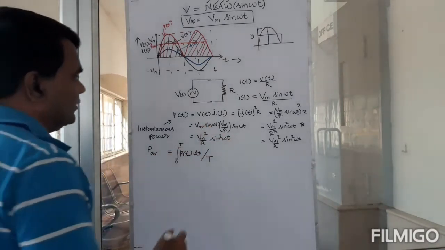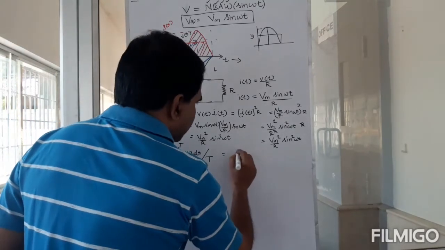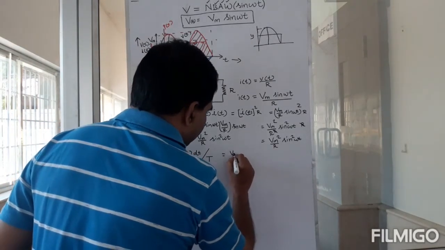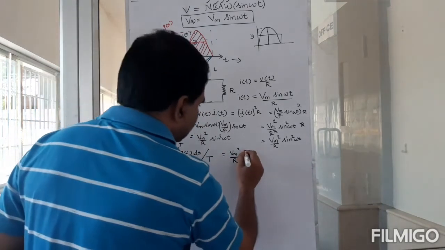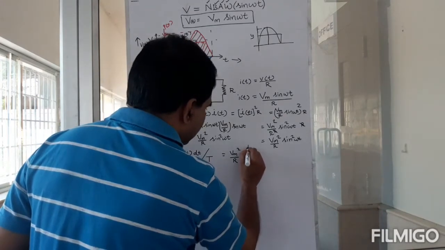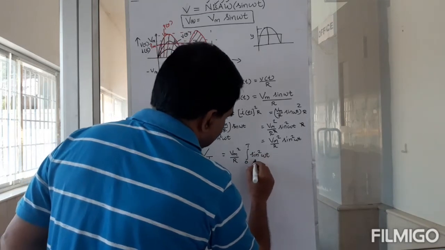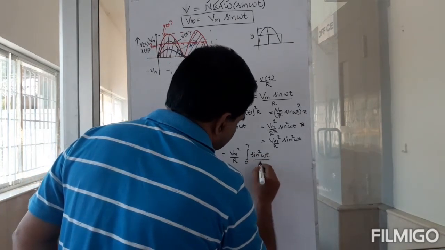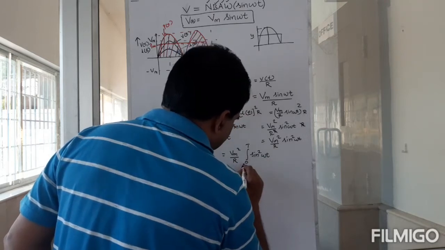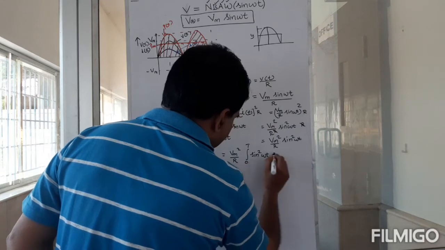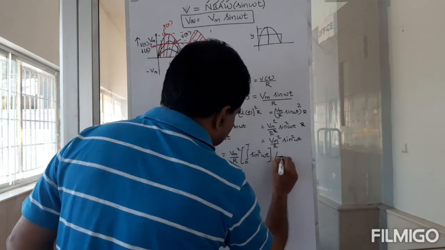So I can use it here. That is going to be equal to Vm squared by R, which is constant. I can take it out, and then this will be the integral from 0 to T of sine squared omega t, divided by T.